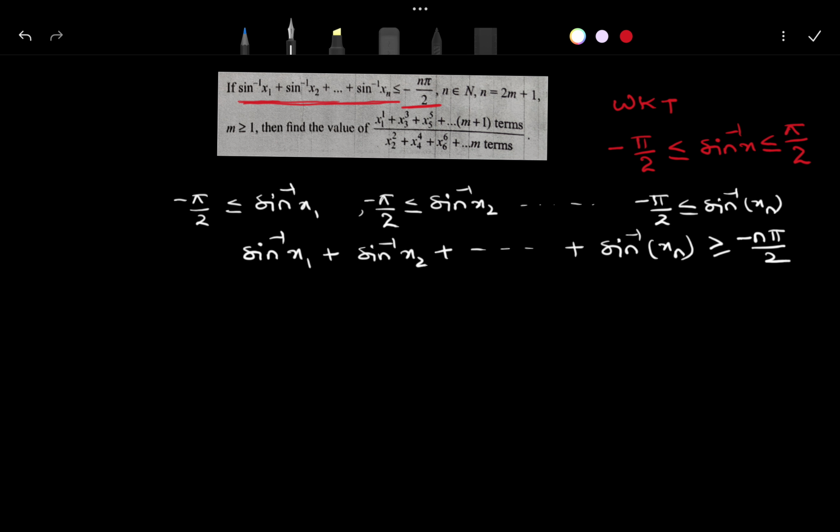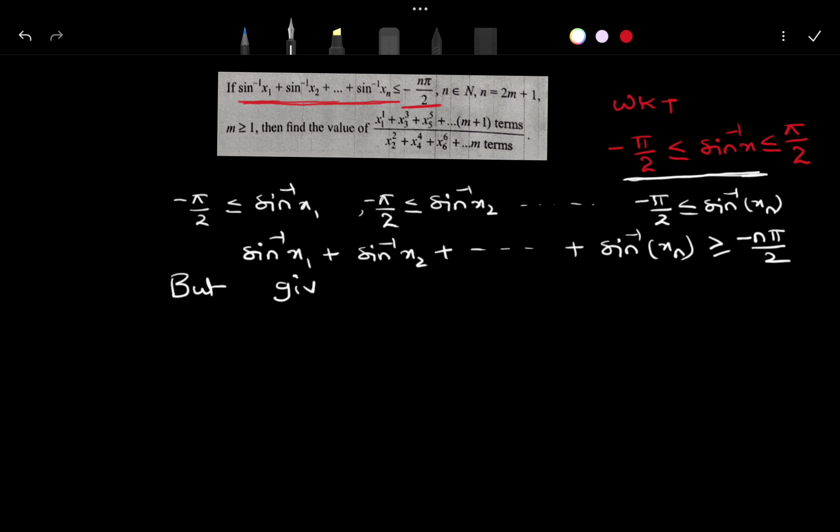This we are getting from the fundamental concept. What is the fundamental? Sine inverse of x is always greater than or equal to minus pi by 2, right? So by adding all these terms you get greater than or equal to minus n into pi by 2. But what is the given condition?